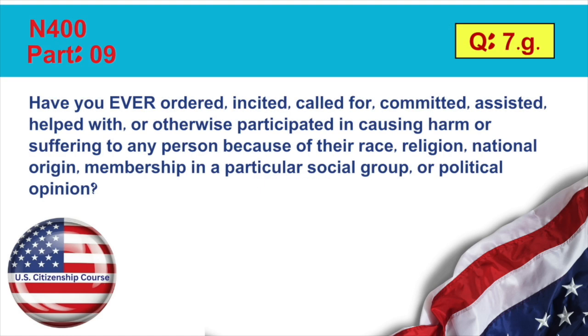Have you ever ordered, incited, called for, committed, assisted, helped with, or otherwise participated in causing harm or suffering to any person because of their race, religion, national origin, membership in a particular social group, or political opinion?